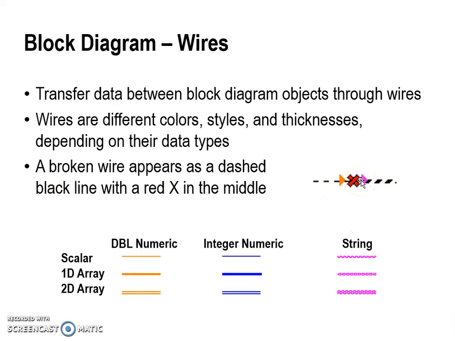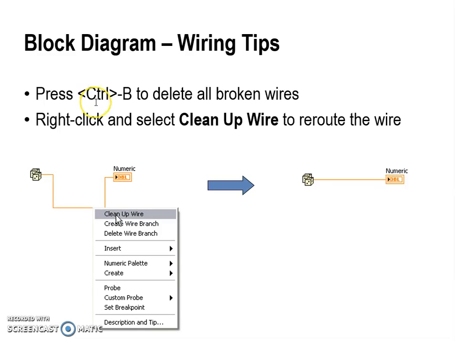Some of the wiring tips: if we get a lot of broken wires such as this on a block diagram, remember on the keyboard I can use the Control key and the letter B, and that will delete all of the broken wires in my block diagram. Also, as I begin to wire up, I want to make sure that I try to make the wiring organized and reasonable, going from source to destination, or from output to input, whatever the case is.